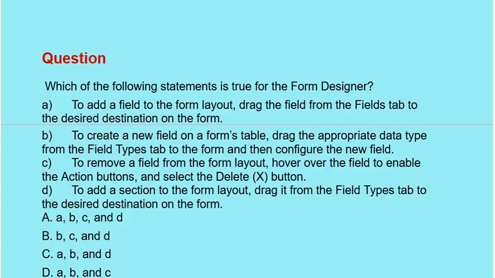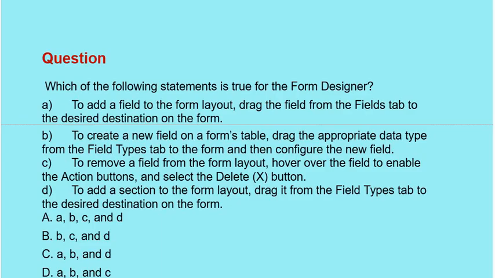Option C to remove a field from the form layout, hover over the field to enable the action buttons and select the delete, that is X button.